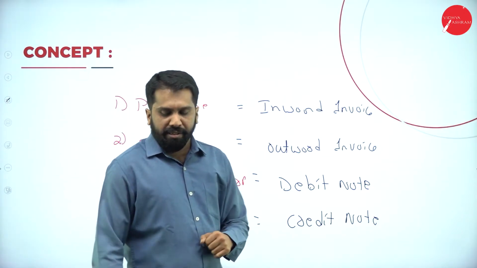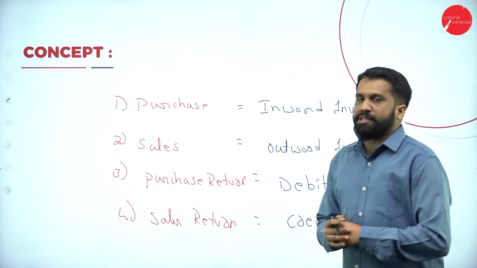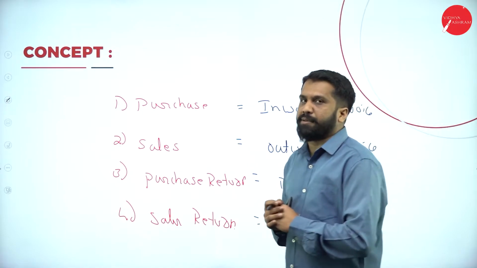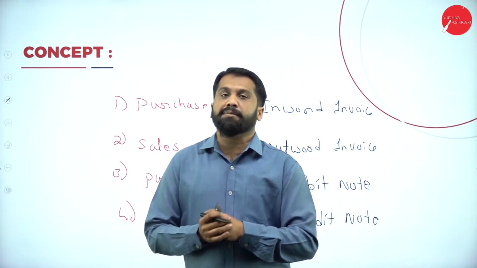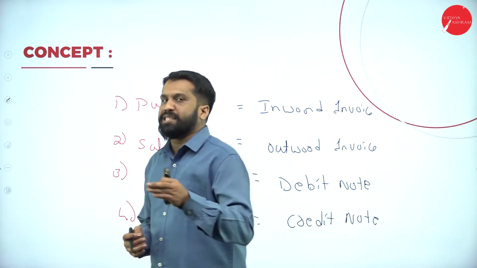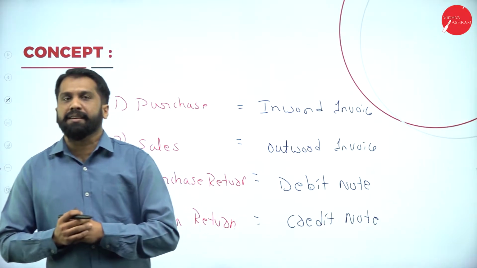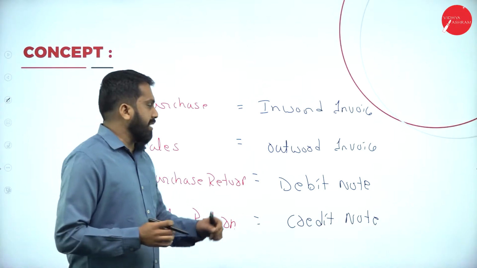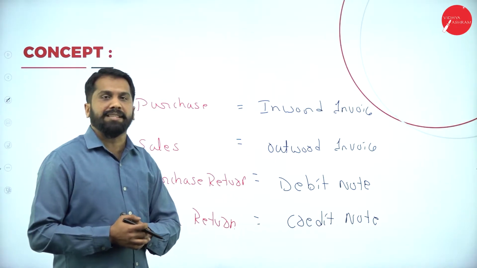Now remember, while doing purchases, it is easy, as in the question they will give you Raju purchased, he purchased, we purchased, like that directly. In case of sales, goods sold to XYZ, goods sold to PQR, they will give you directly. Now, how to find out it is purchase return and how to find out it is sales return.